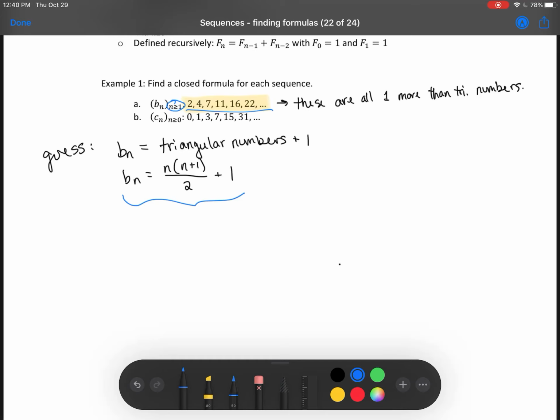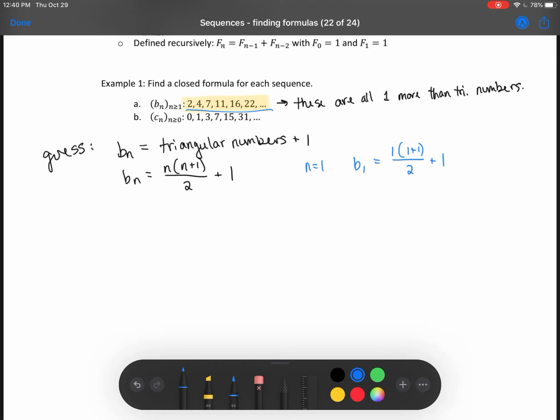So again, I'm going to point out that the sequence starts with the index of n being bigger than or equal to 1. So we start with n equals 1. And what I want to do there is just plug in 1 for n into this formula to see if it actually gives us the first value in our sequence. And we'll do this a couple times just to check that we have the right pattern going on.